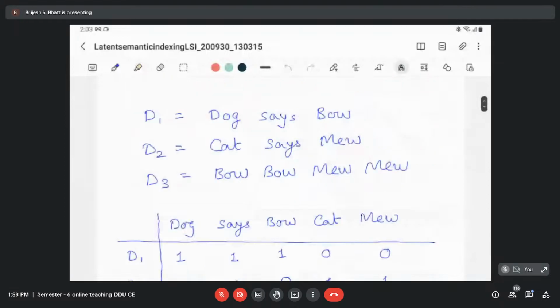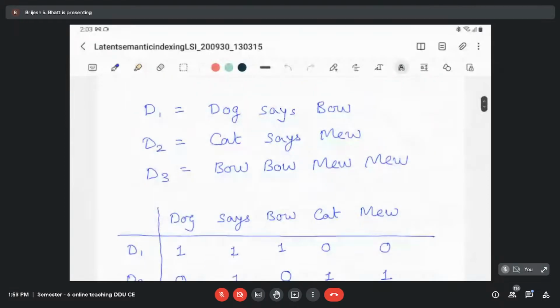Let's take an example. Document one is dog says woof. Document two is cat says meow. And document three is bow bow meow meow. Let's say we have created these three documents and we want to index them. So how do we index?